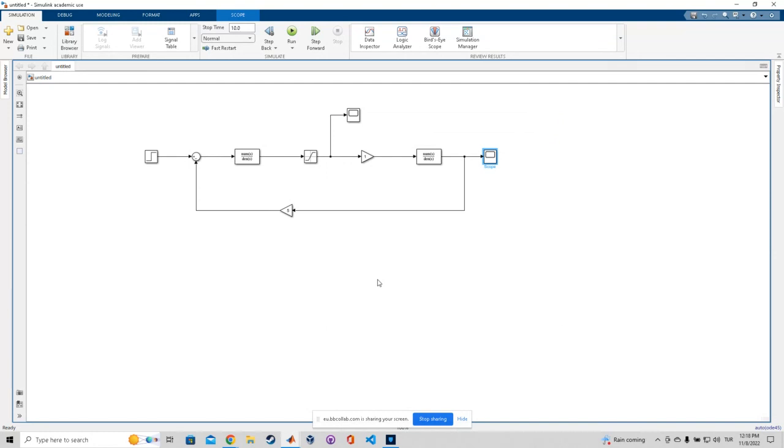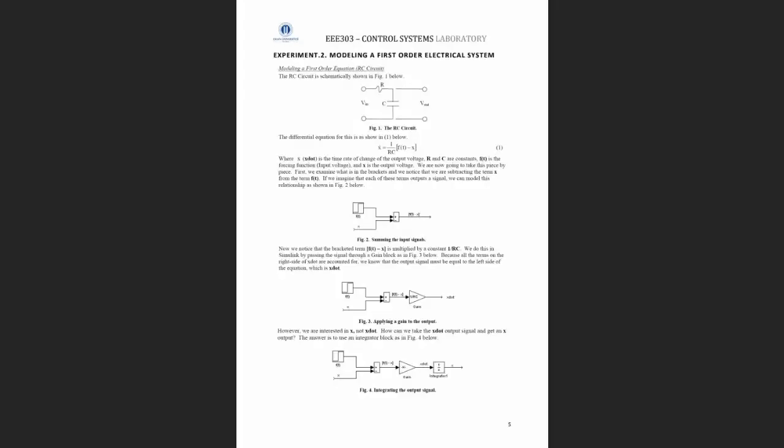So let's go to our second one, which is the first order electrical system. So now we have a first order electrical system, all right?